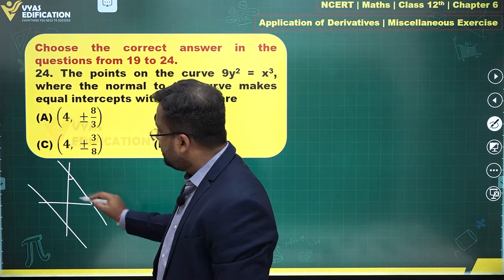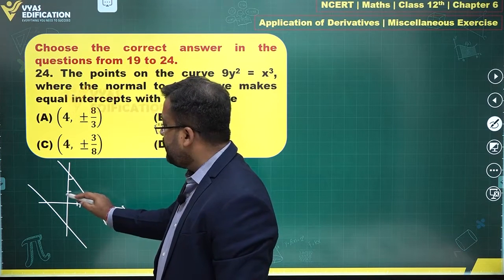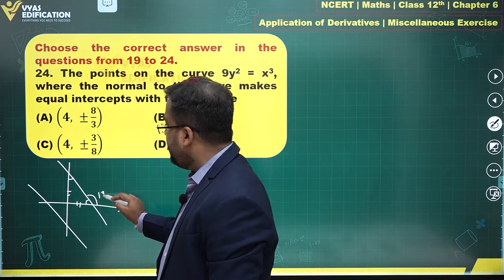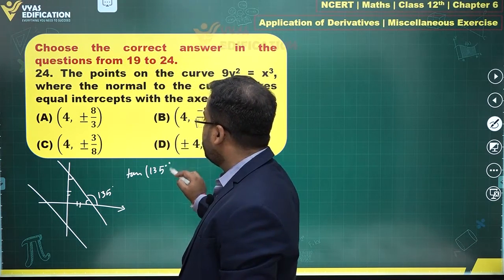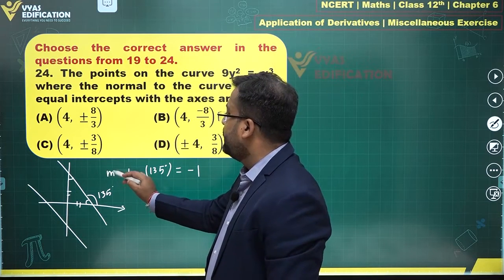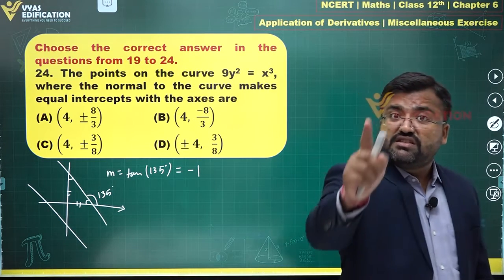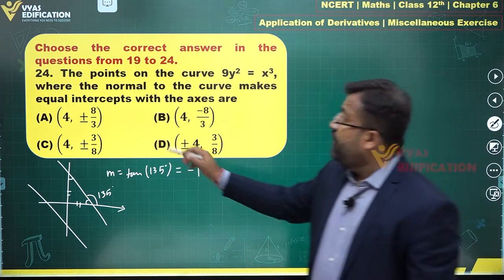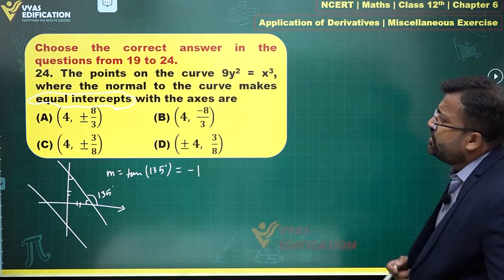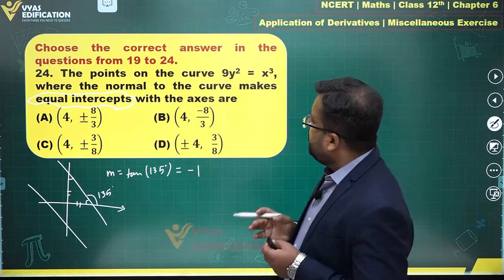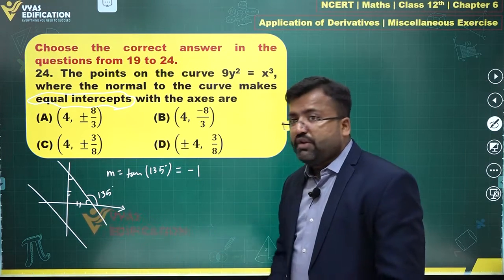And what you can observe is, if this length is equal to this length, this angle is 45 degrees, this angle will be 135 degrees, tan 135 degrees, which is the slope, will be equal to minus 1. Slope of this line is minus 1. This is the important thing that you observe for the case of equal intercepts. So for the points on the curve where the normal makes equal intercepts, the slope of the normal equals minus 1.